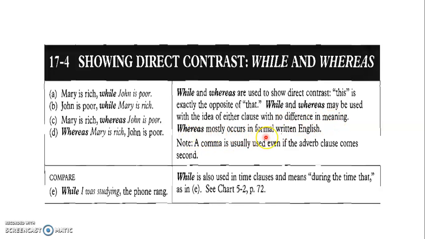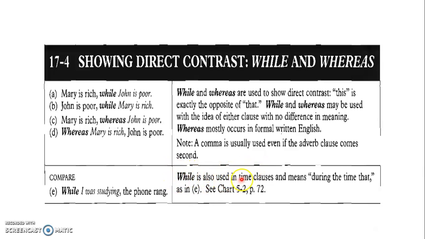Whereas mostly occurs in formal written English. A comma is usually used even if the adverb clause comes second. So here is the second comma.